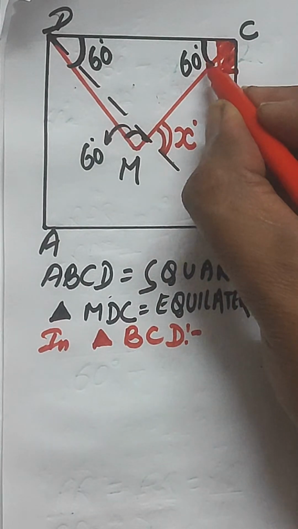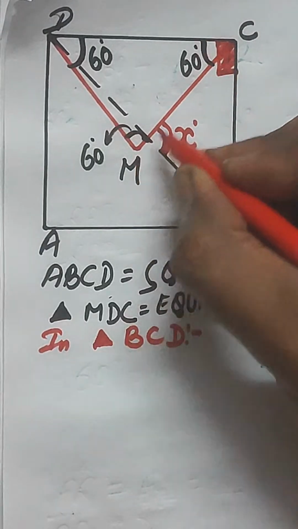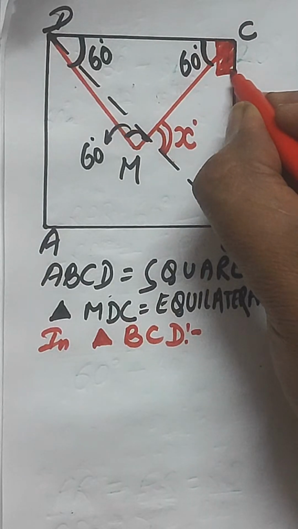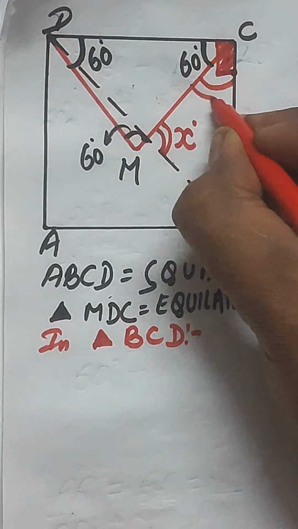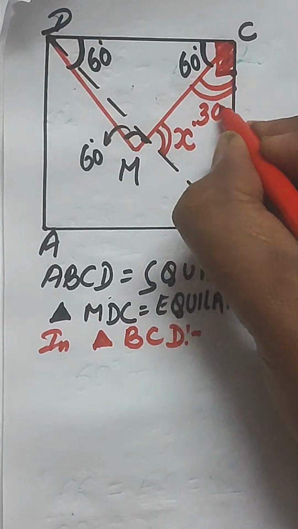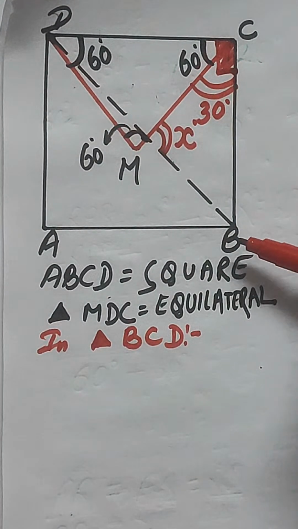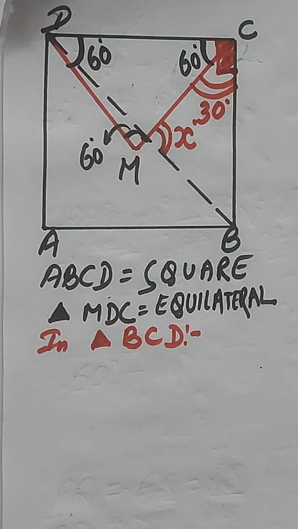So since this angle MCD is 60 degree and this is 90, can't we say that this angle will be 30 degree, right? This is 30, that is angle BCM. This is equal to 30 degree.